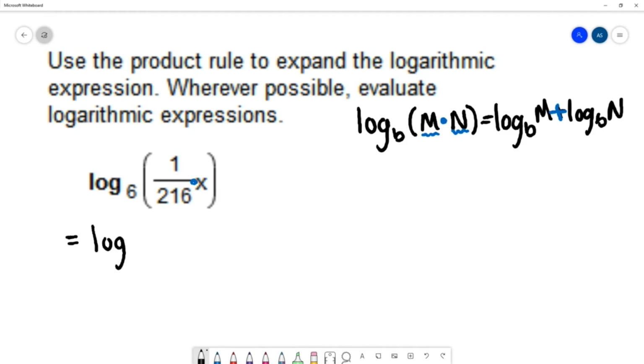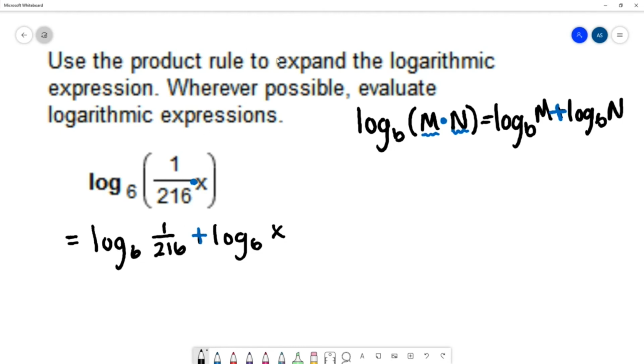I'm going to write log base 6 of 1 over 216 plus log base 6 of x. We expanded with addition because we had the product inside the log. If we have division instead of multiplication, we use subtraction when we expand. That's called the quotient rule.